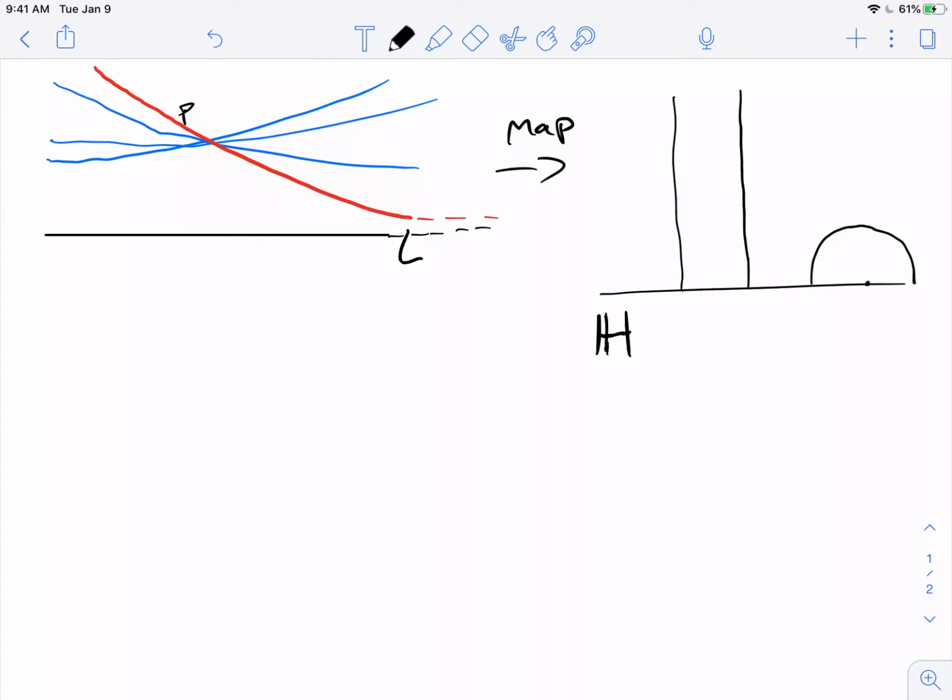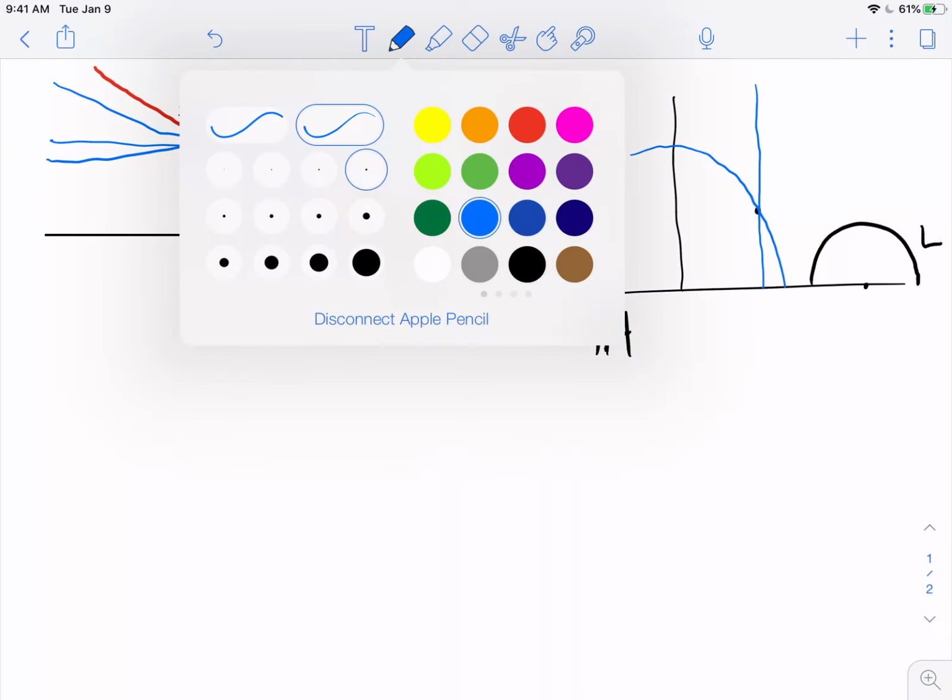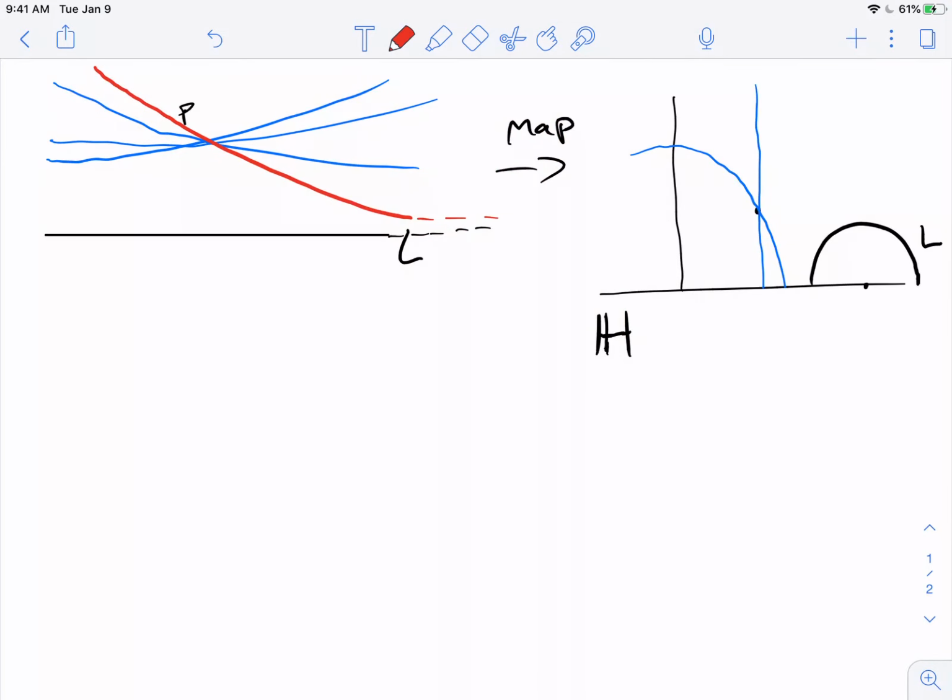So in my picture, maybe L gets mapped to this semicircle here, and for some random point P, as you can see, there's many geodesics which go through P which do not intersect L. But there's a unique one which becomes asymptotic to L in a certain direction.